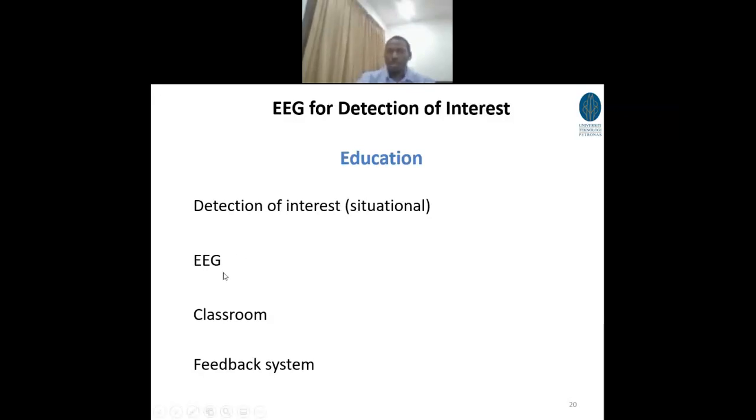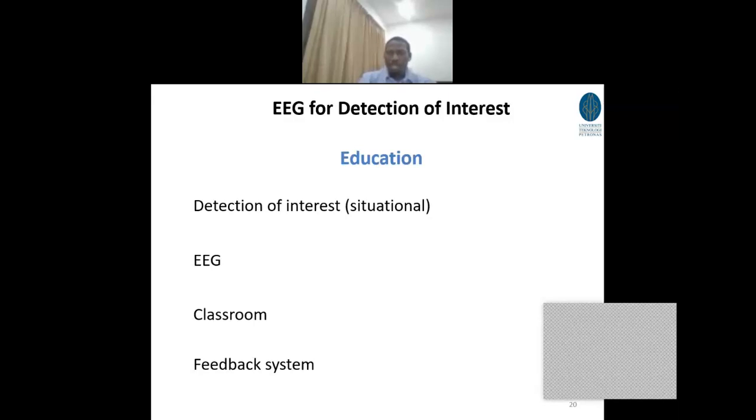Okay. Now, EEG, as I mentioned, one of the reasons was just that we want to focus on the classroom. Again, this is because one of the points happening in psychology, highlighted in many papers, is that sometimes good results are there, but that's it. It doesn't go to the real life implementation.